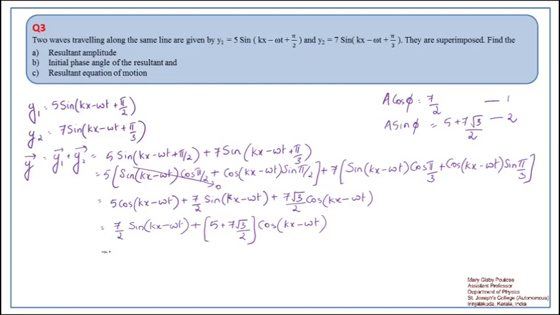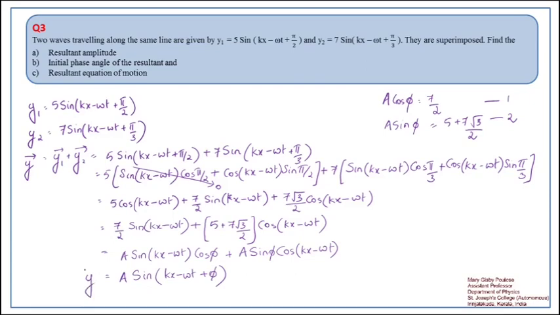So this becomes A sin(kx − ωt) cos φ + A sin φ cos(kx − ωt). That is A into (sin a cos b + cos a sin b), which can be reduced to A sin(a + b), that is A sin(kx − ωt + φ).